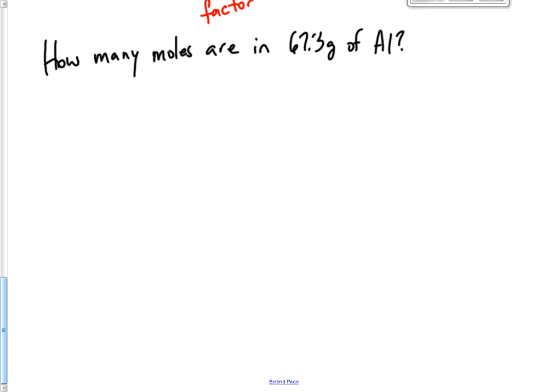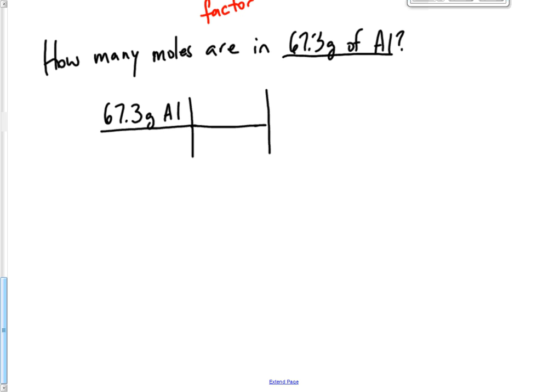Okay, there's our question. Again, we're going to start with what we have. We have 67.3 grams of aluminum. So we have grams of aluminum. We need to get to moles of aluminum.